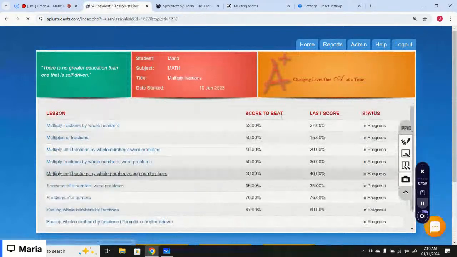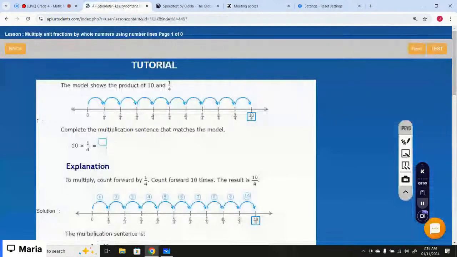Okay, let's just start with the lesson multiply unit fractions by whole numbers using number line.